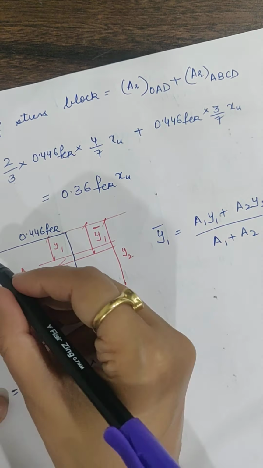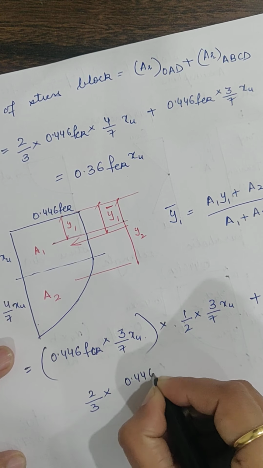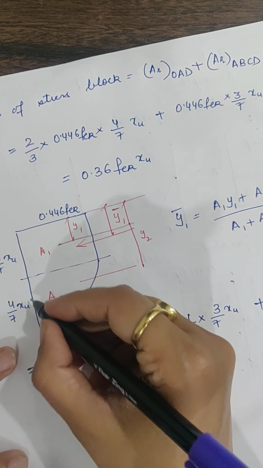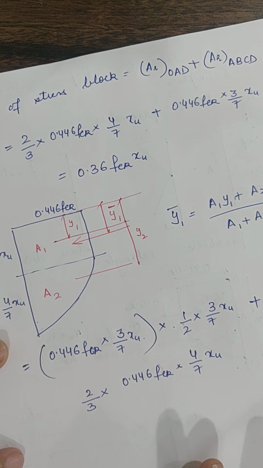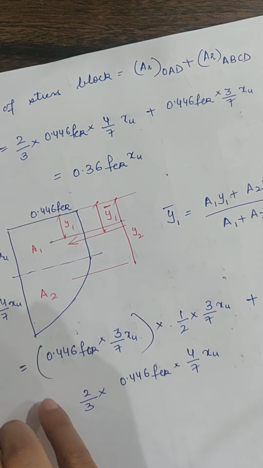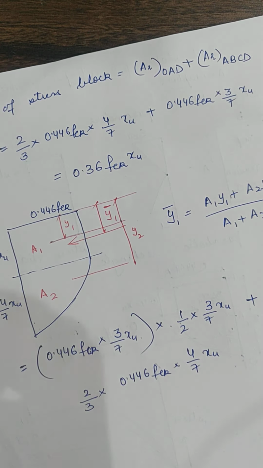the area of the parabola. The area of the parabola we already know is 2 by 3 base, that is 0.446 fck, into height, that is 4 by 7 Xu. Now the CG of this parabola from its own base lies at a distance of 3 by 8 of the height, so 3 by 8 of 4 by 7 Xu.